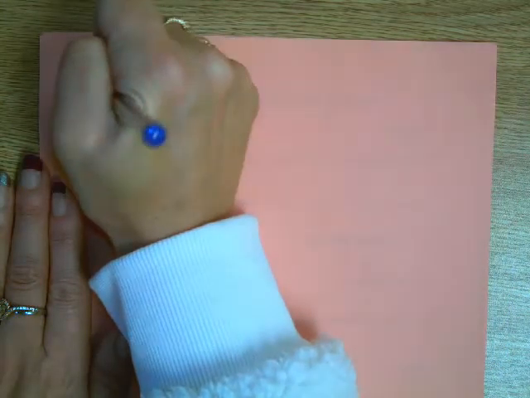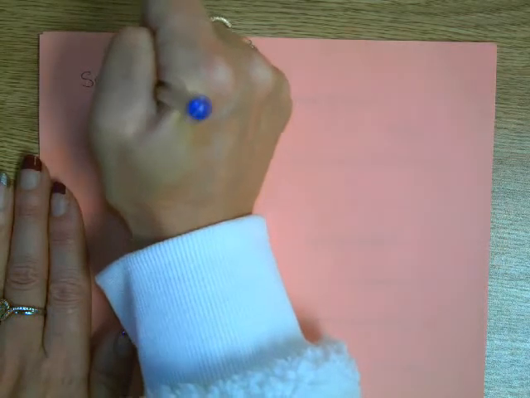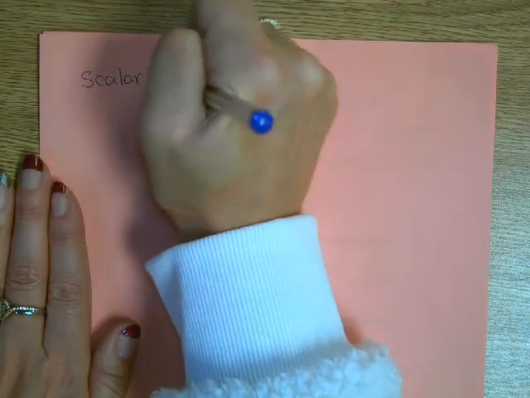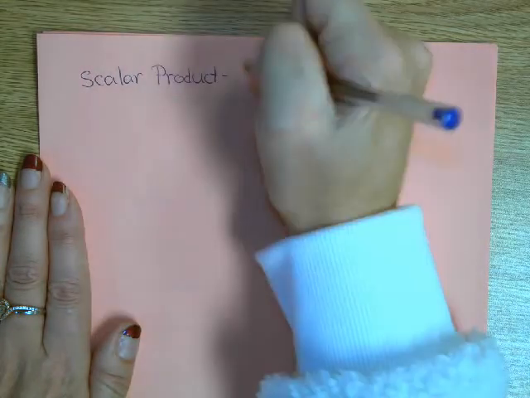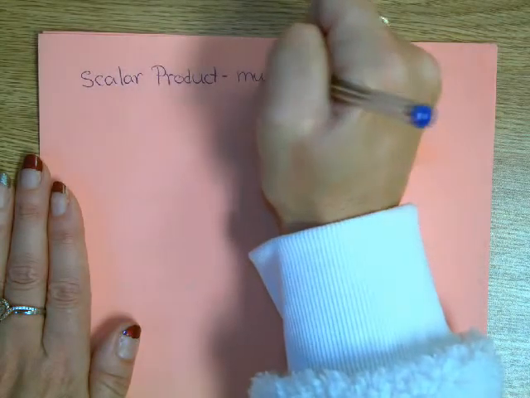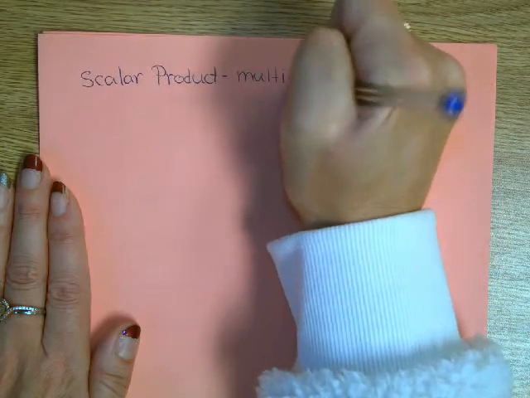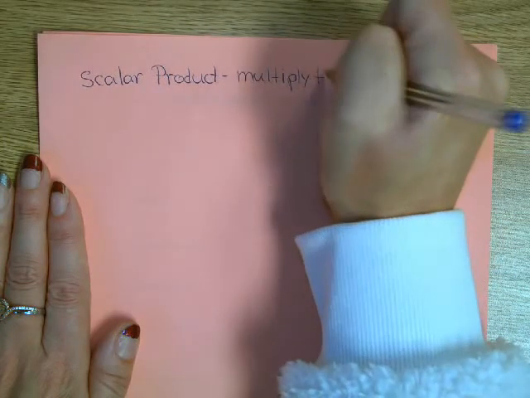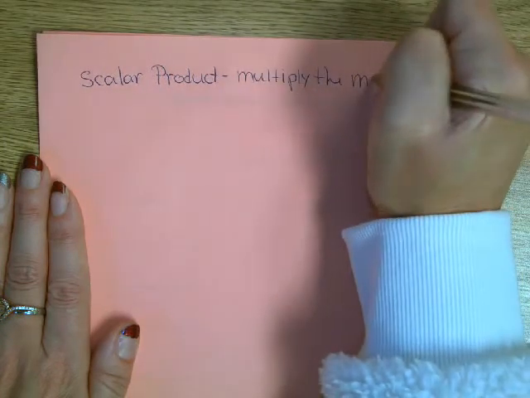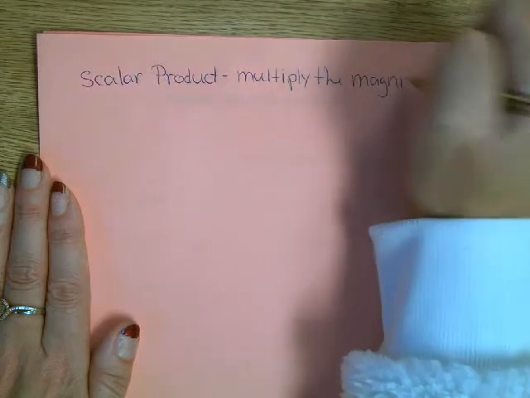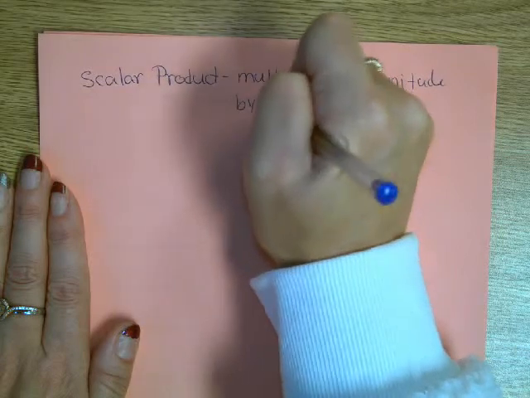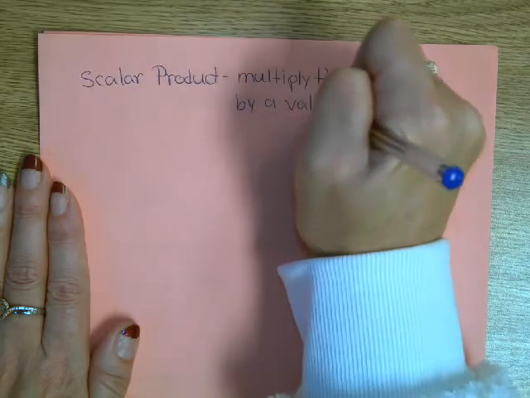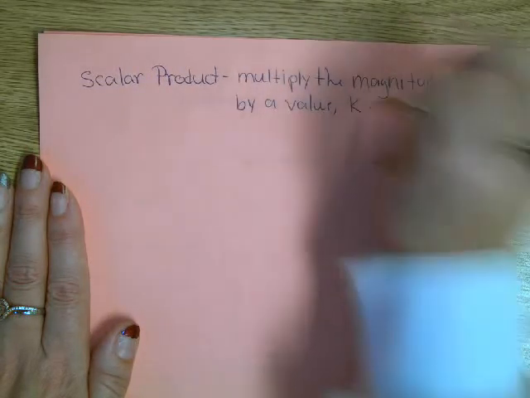A scalar product just means we're going to multiply the magnitude by a value k.